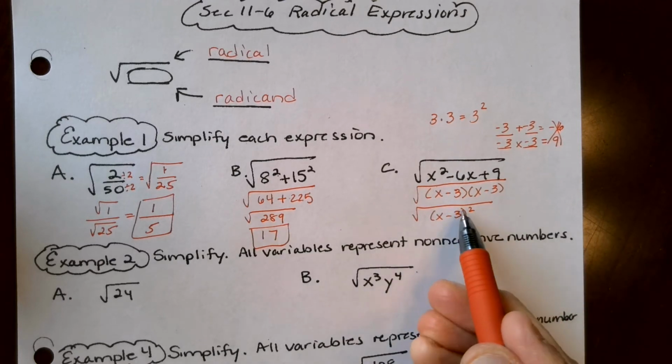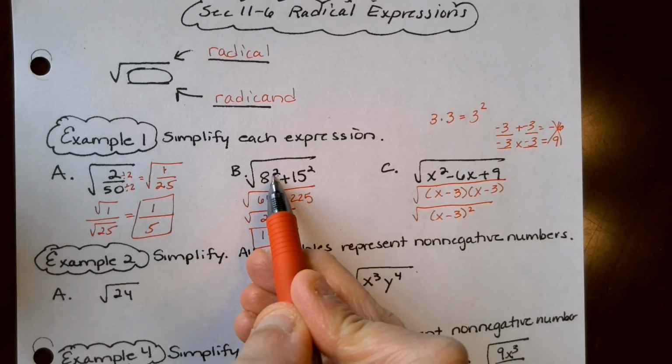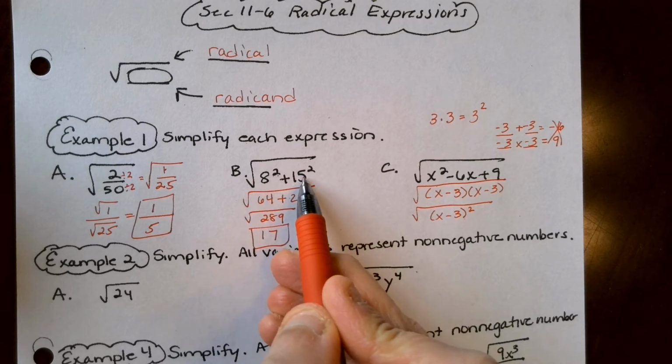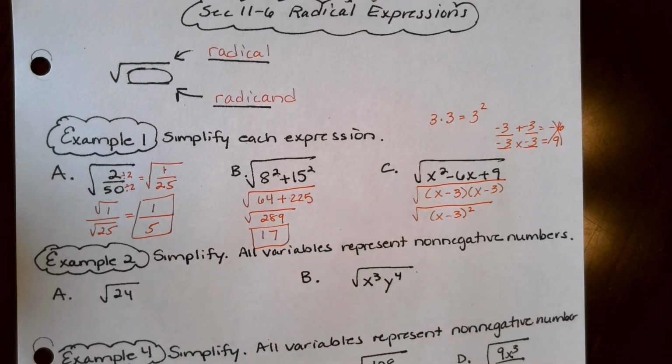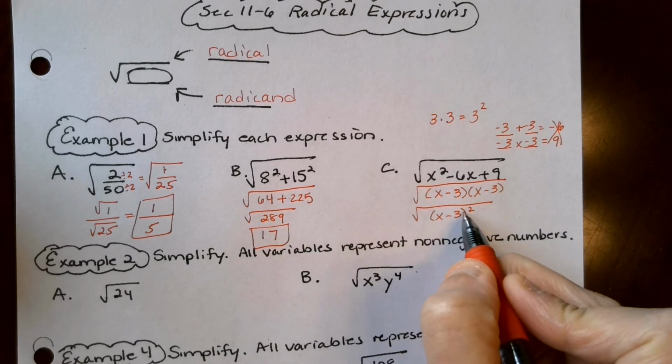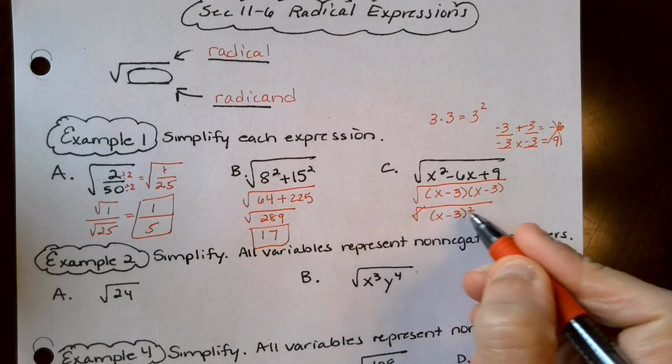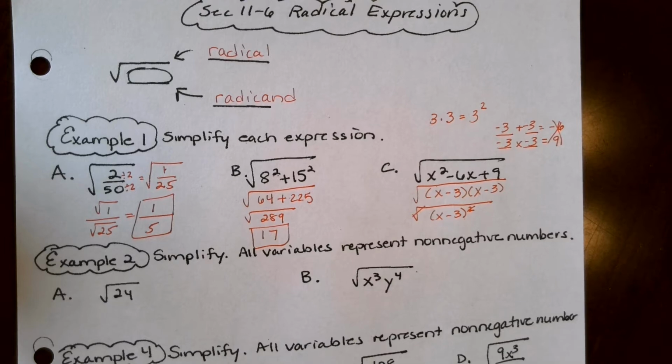Now that I have this 2 on the outside of the parenthesis, see over here, it wasn't a parenthesis with the 2 on the outside. It was in these separate things that were being added. But here it is on the outside, so this square root can cancel with the square.